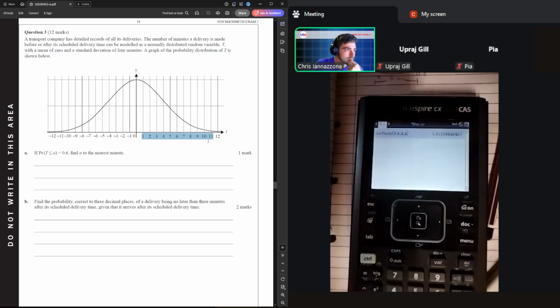Positive... I don't really define it, do they? Before or after. Pretty sure the intention is positive is early and negative is late, but that's poorly defined.